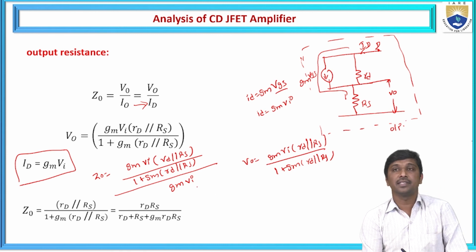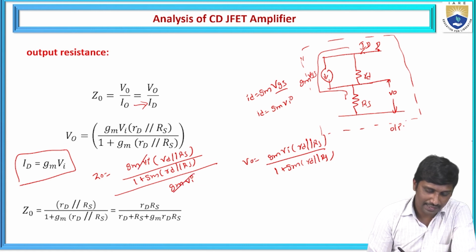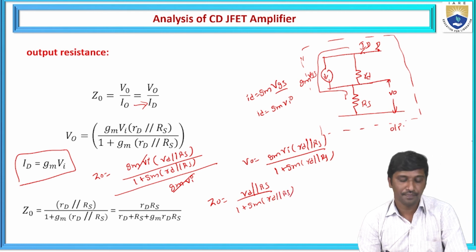So from this representation, this gm Vi gets cancelled, hence Z0 becomes RD in parallel combination with RS by 1 plus gm times RD in parallel combination with RS.